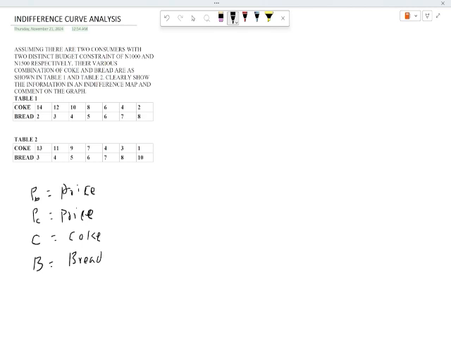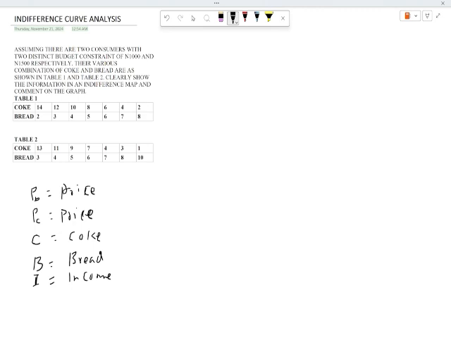So when you look at this, for every consumer there is a budget constraint. That means there is a budget line, and this is the overall income of each of the individuals.